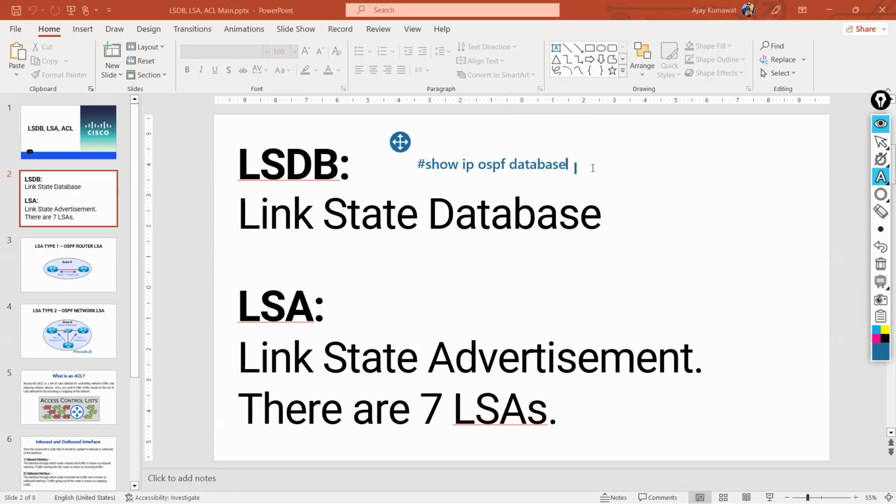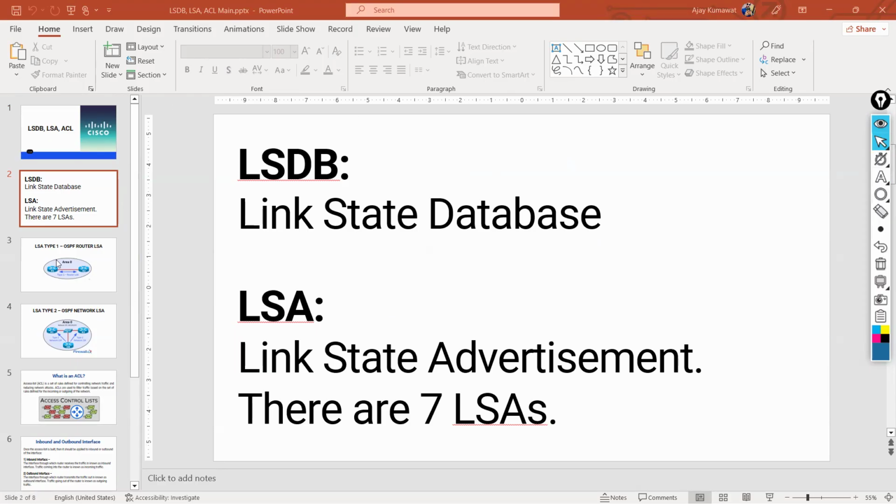So in the database, I said there will be information about the link state advertisements. There are a total of 7 types of LSAs. But right now we have single-area OSPF only. So according to single-area OSPF, we will have information about 2 types; the remaining are used in multi-area OSPF. Okay, so now what?